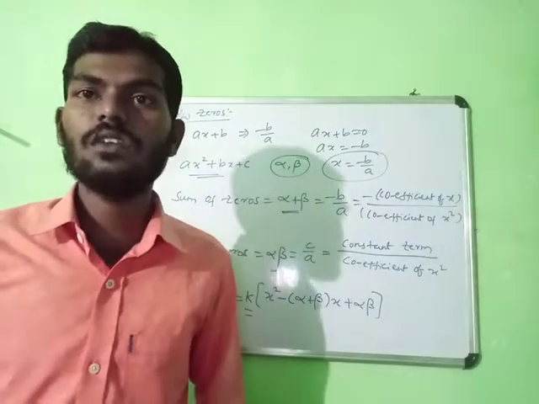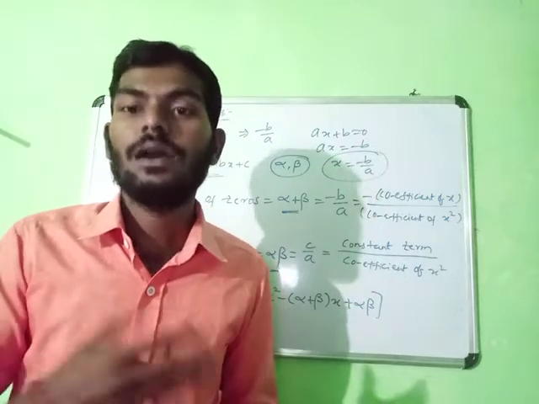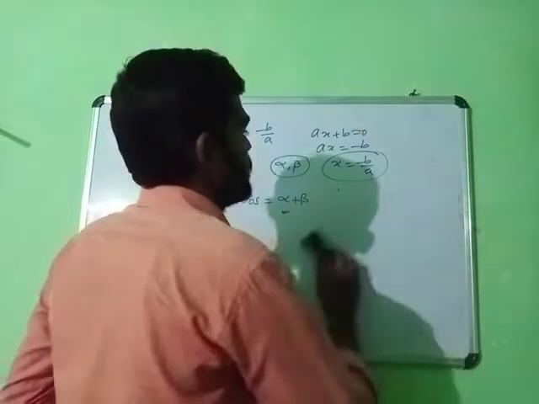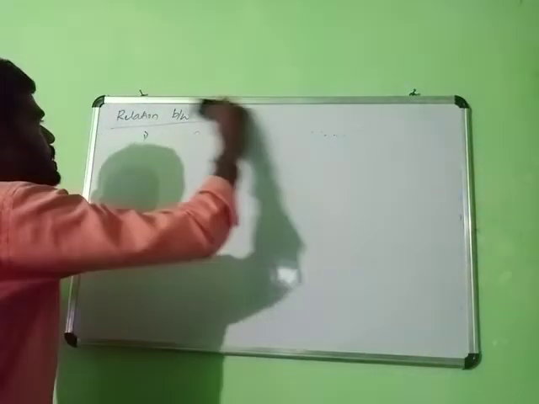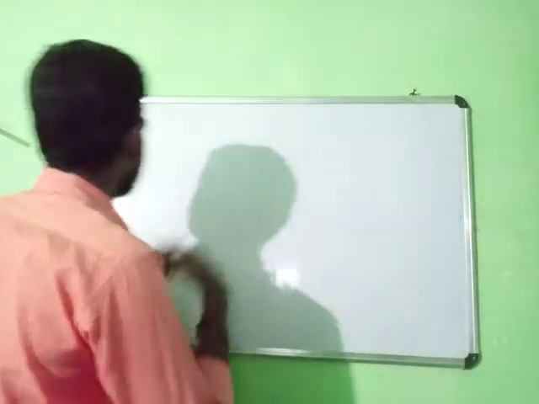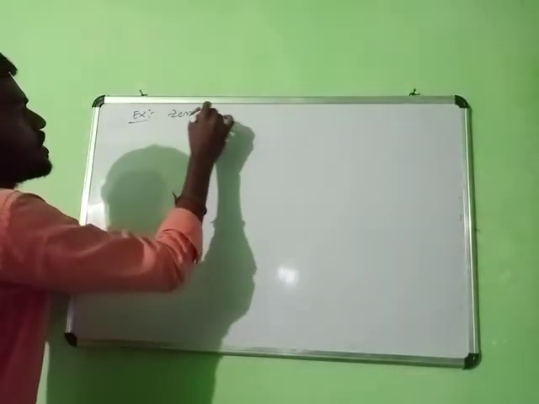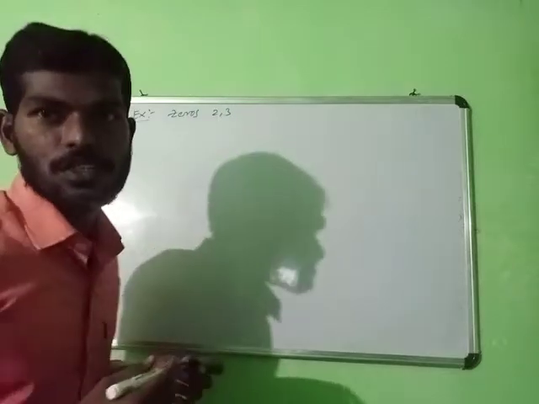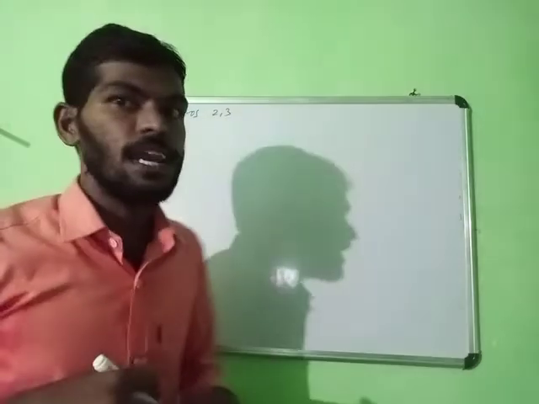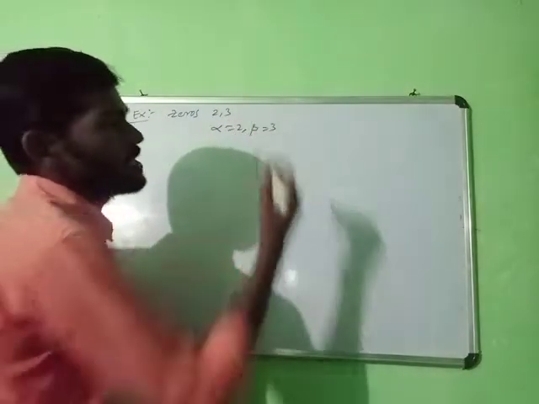Okay, for example, take the zeros of the polynomial as 2 and 3. Then find the polynomial. Let alpha equal 2, beta equal 3.